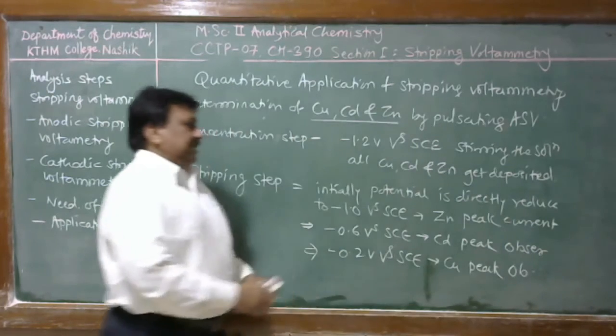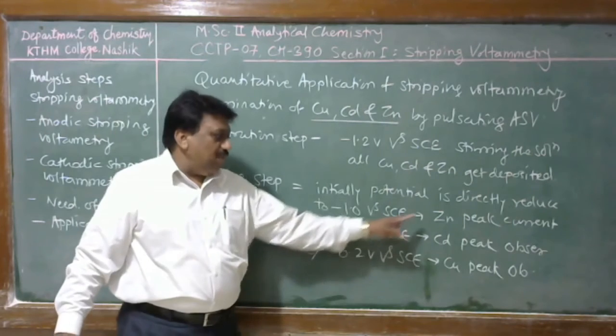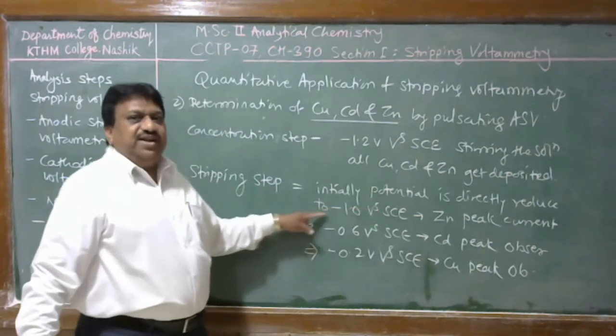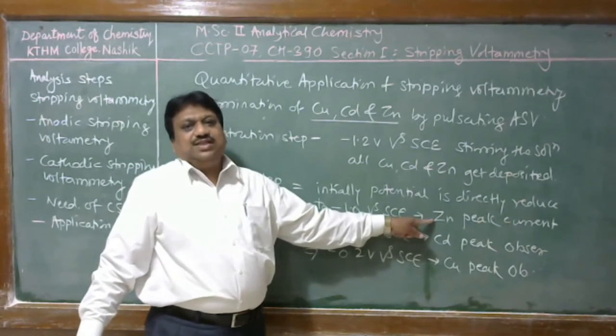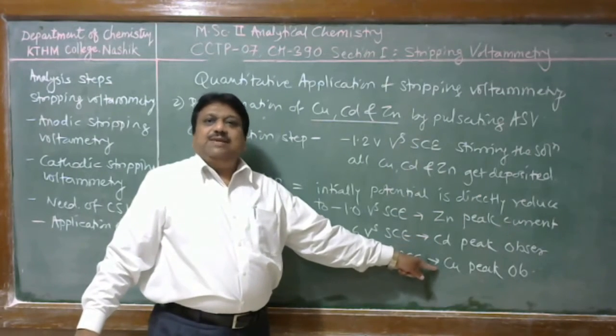And these peak currents are directly proportional to concentration of copper, cadmium and zinc in the mixture. For quantitative analysis, same experiment is performed with a standard solution of zinc, copper and cadmium in a mixture.